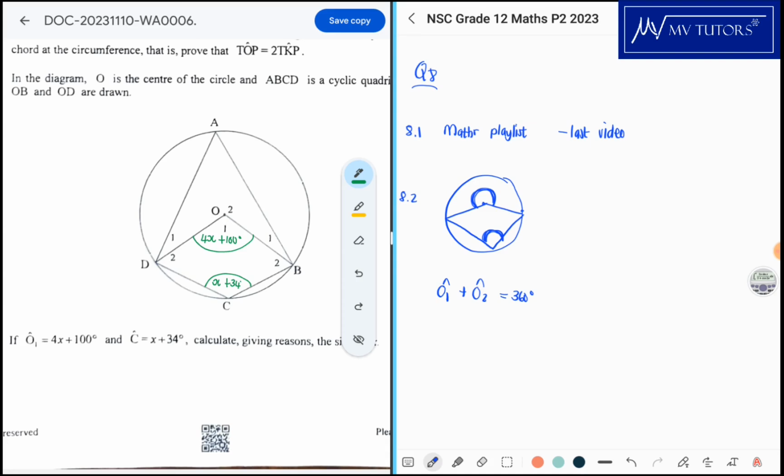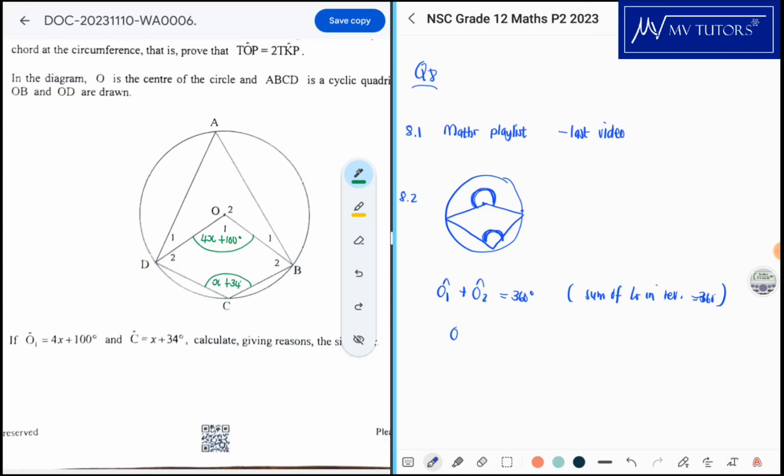I forgot the actual reason. Or you could say sum of angles in a revolution are equal to 360 degrees. I'll use that. So I have O1, which is 4x plus 100.